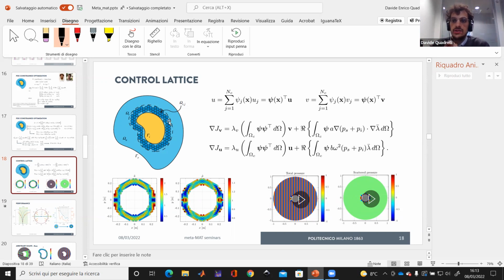But in the end, since you have an isotropic material, if you want to implement it in 2D, the symmetry you must follow is the hexagonal one. So the idea was not to choose a whatever continuous function or a whatever discretization, but to choose this discretization such that you are including the stage of discretization inside the formulation.